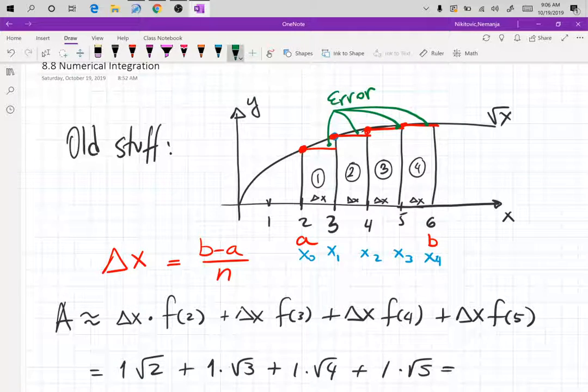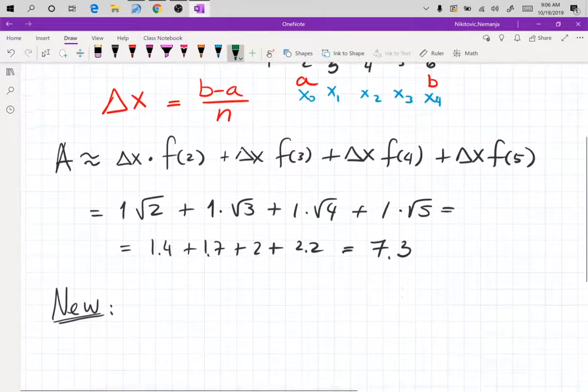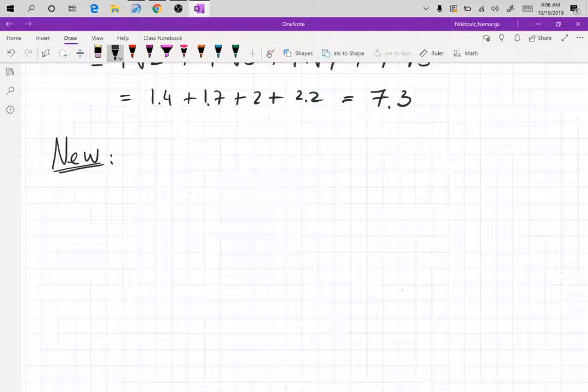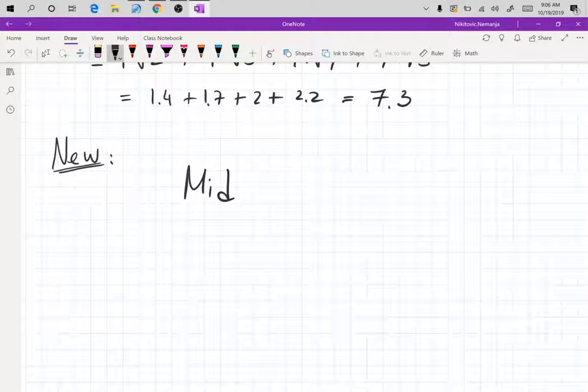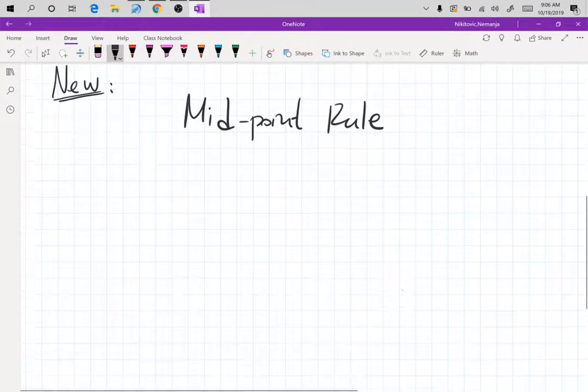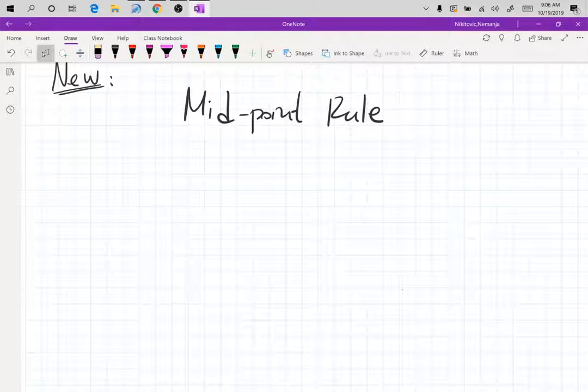So we had error here, and what we are going to do now, we're going to position these things differently. Okay, so the first one is going to be called Midpoint Rule.